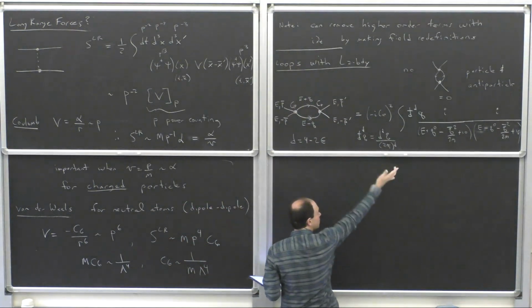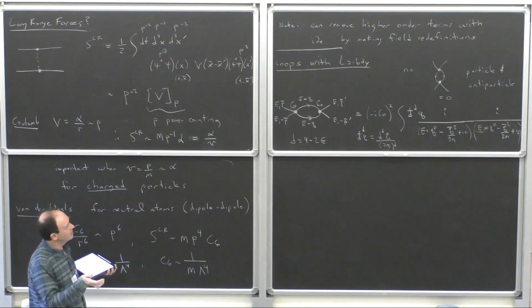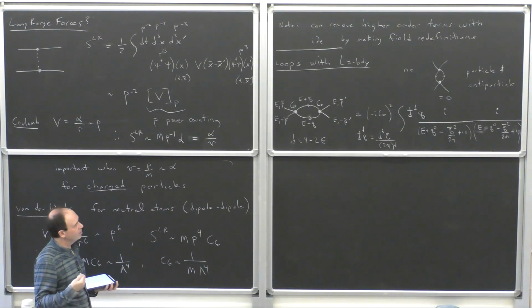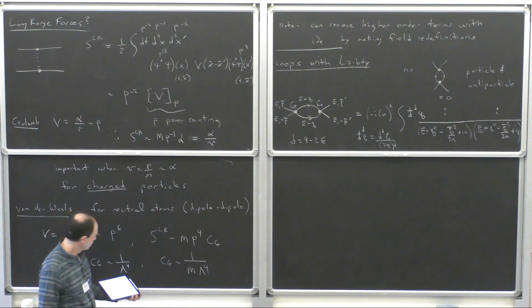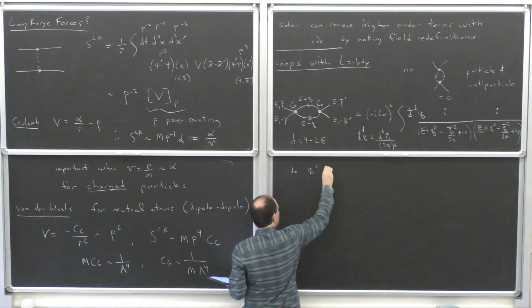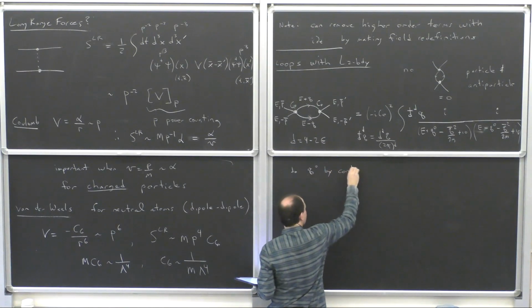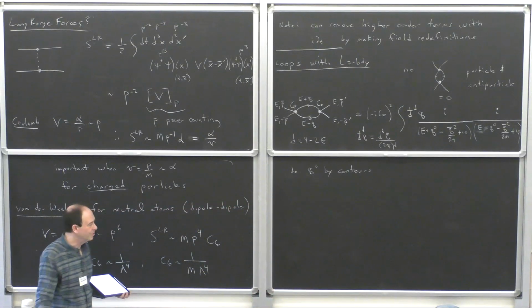In the non-relativistic context, the q0 and the q vector are not together, right? They're separated. So the way that you often do these integrals is you just do the q0 by contours. And this is a particularly easy integral to do by contours because there's only two poles and one is above and one is below, and the contour converges at infinity, so we just do it.